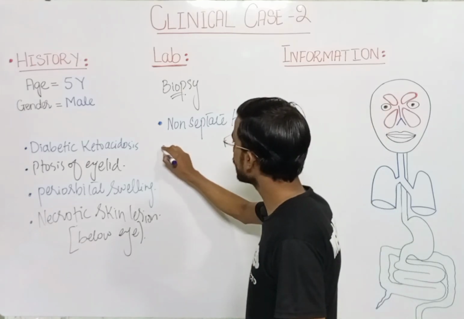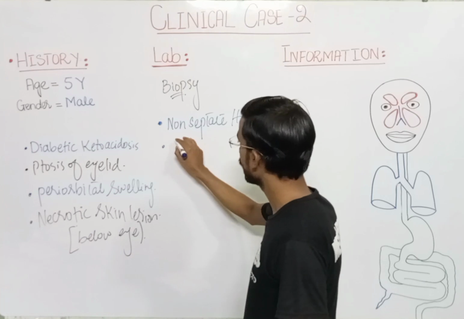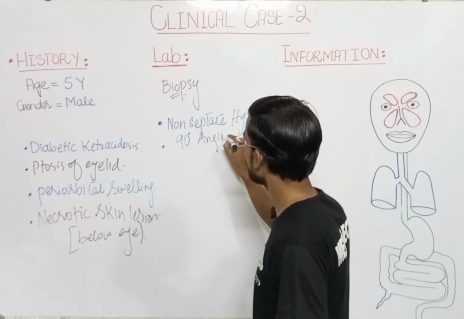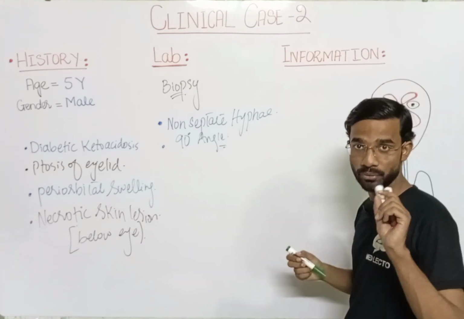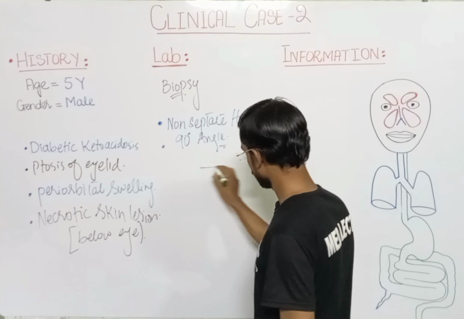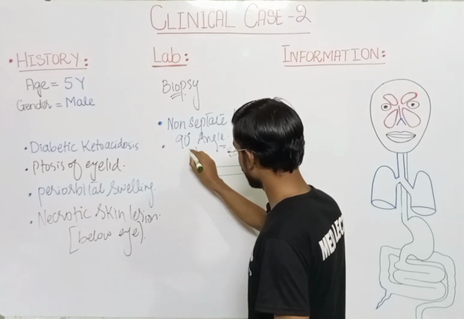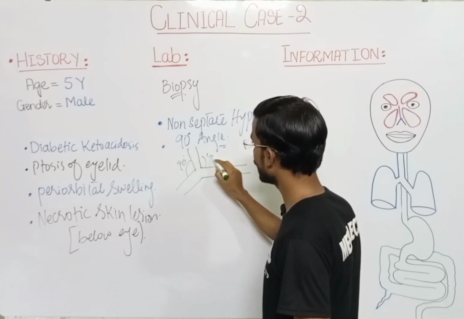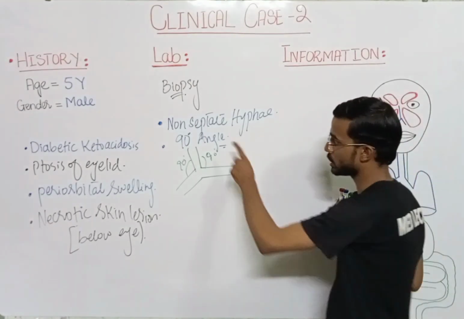Now the second thing is that the hyphae are present at 90 degrees. We know that the fungus lies in the hyphae form, and those hyphae form at 90 degrees at different locations. So these are the two conditions.